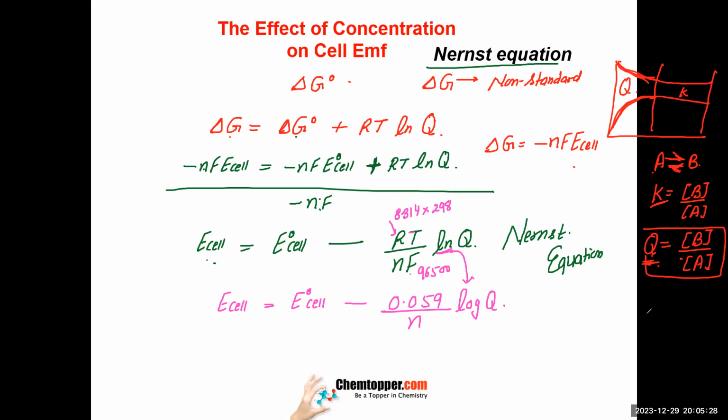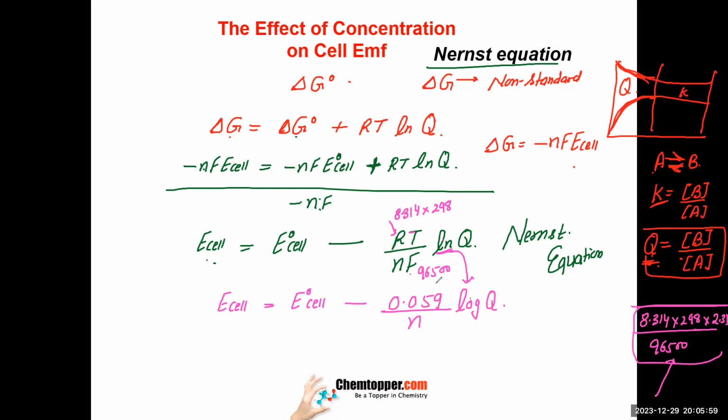Check this answer, children. 8.314 times 298 divided by 96,500. To convert ln to log, I need 2.303. Can you just multiply and divide and check? Are you getting something like this? Check. This complete number should be this. Is it?